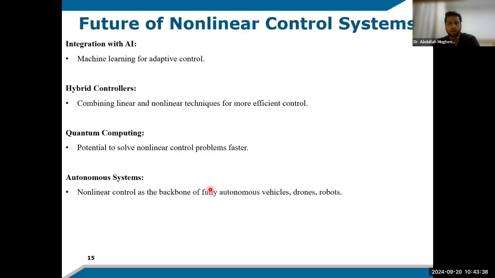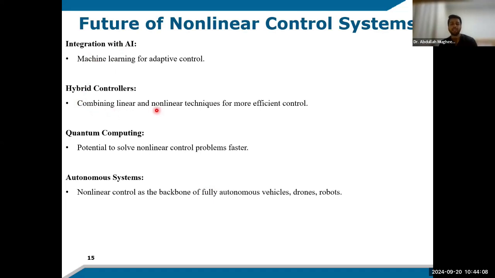So if we talk about the future of nonlinear control, it's not just that we are using nonlinear control with AI and machine learning for much better control, for adaptive control that can change its decision in a much better way in accordance with the disturbances or whatever the environment is. Okay, we can use multiple controllers, a combination of linear and nonlinear controllers, for more efficient control.